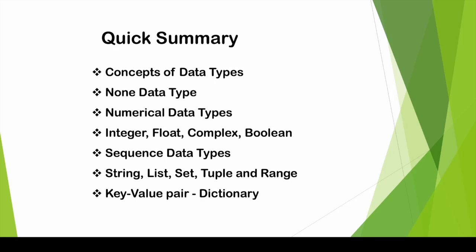Then we covered sequence data types, and in sequence data we specifically covered string, list, set, tuple, and range with multiple examples and hands-on for all the data types. And last but not least, we covered key value pairs. This is a very important data type called dictionary.